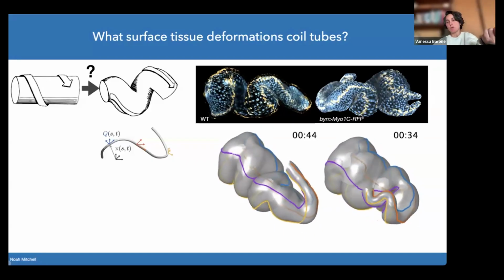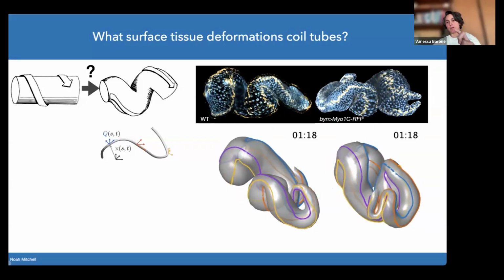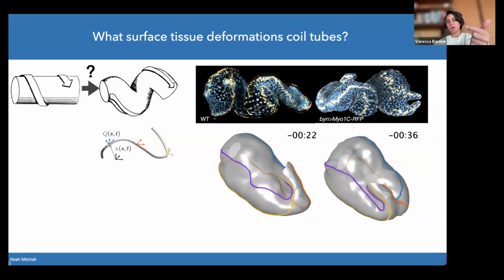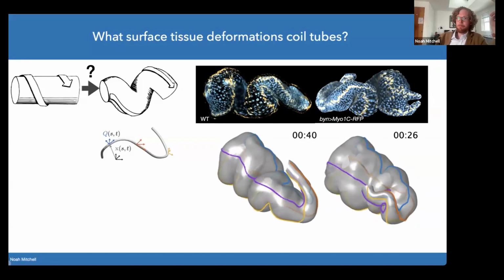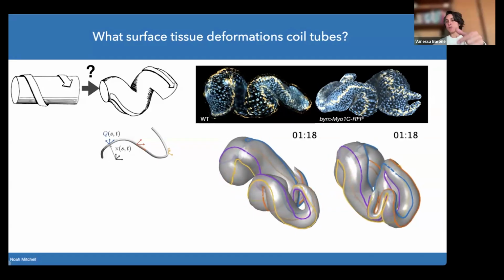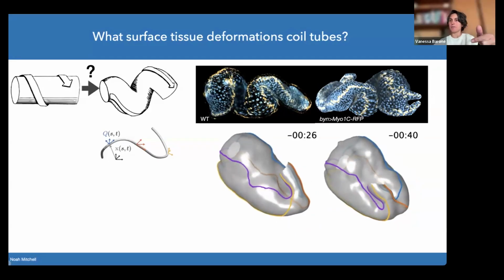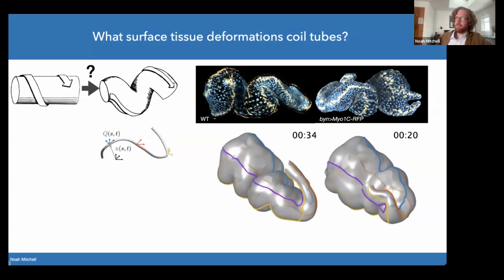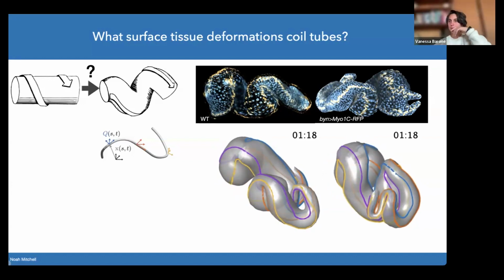And so I was thinking when you were talking about the movements of the cells on the surface, you're thinking about those as causal or as an effect of the fact that this tube cannot do anything else.